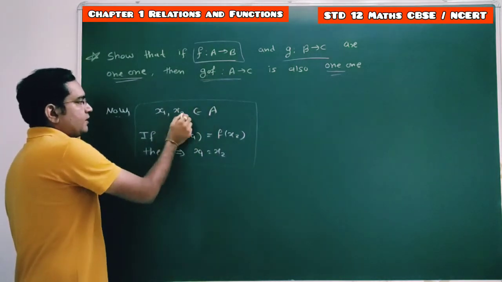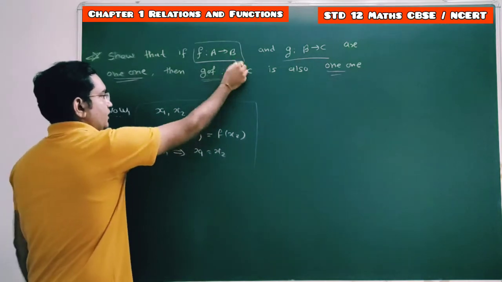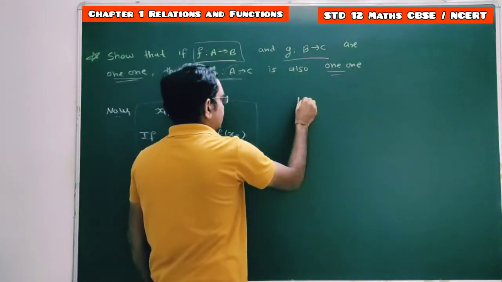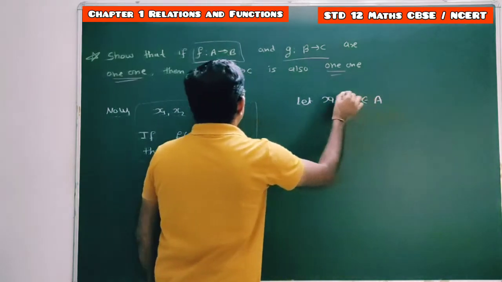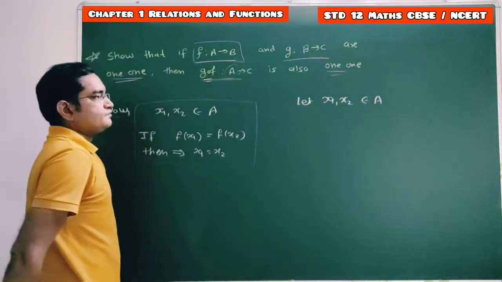So what do we have to prove? We have to take two elements x1, x2 from its domain. Let's say two elements x1 and x2 from the domain of this composite function gof.